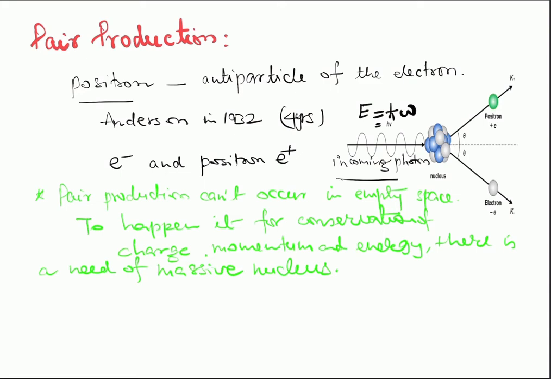So, an electron positron pair is produced when the photon comes near and interacts with the nucleus.